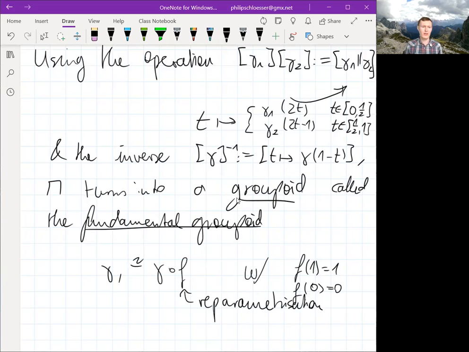Then they are homotopic, just because you can build a homotopy by interpolating between the identity and f.